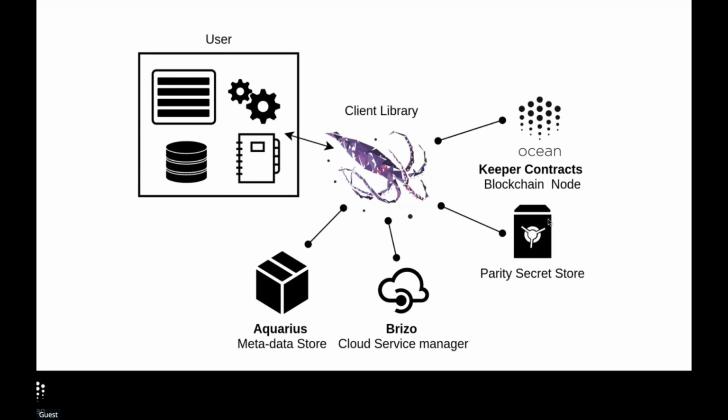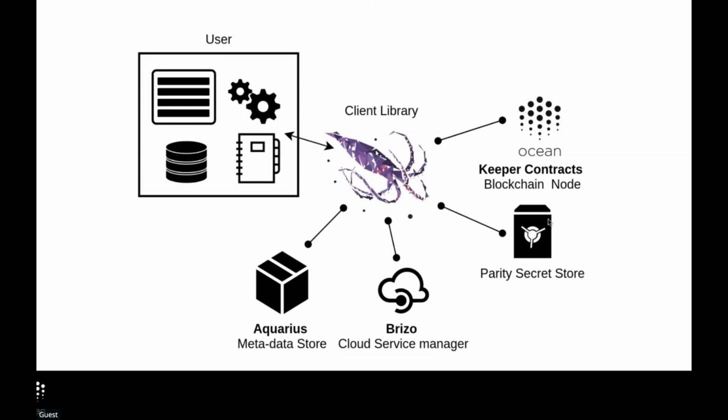And in this case, we have three different languages supported for libraries, and that's Python, JavaScript, and Java. So these client libraries are typically making heavy use of the Web3 library. If you're familiar with the blockchain space, this is an Ethereum API for interacting with blockchain smart contracts and blockchain networks. So with this client library, we then are able to interact with the core components of Ocean Protocol.